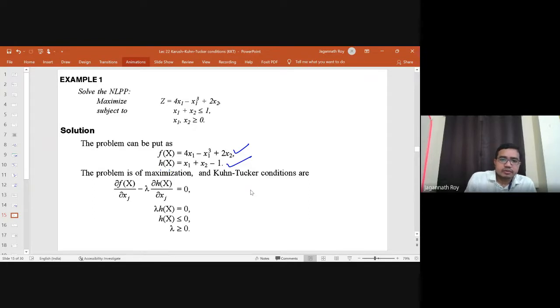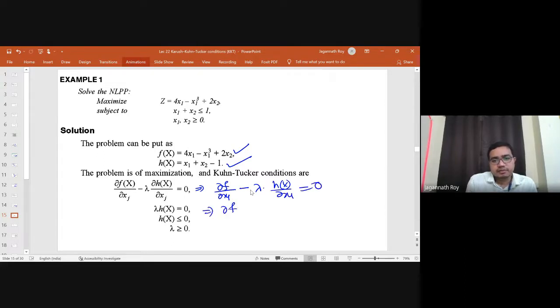So this is h(x), f(x), and then we try to find out the solutions. For example, this is del f del x1 minus lambda into del h del x1 equals to 0.